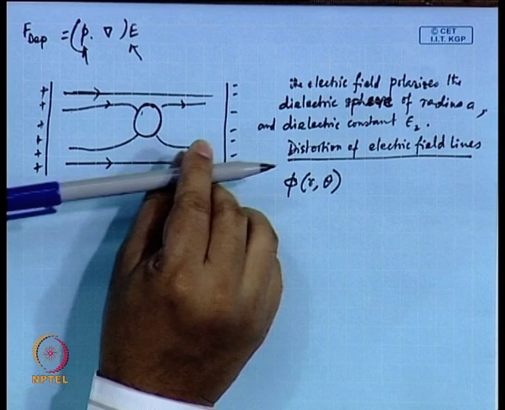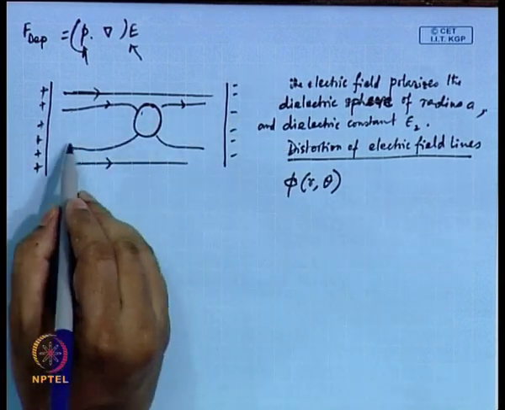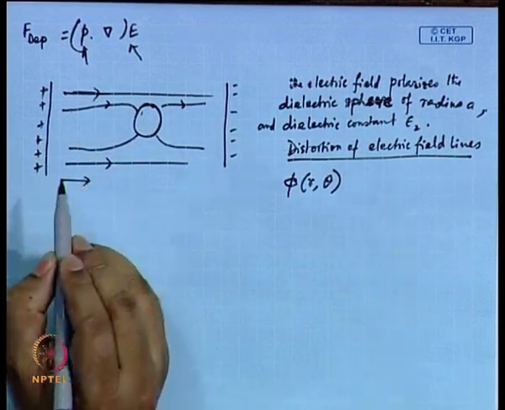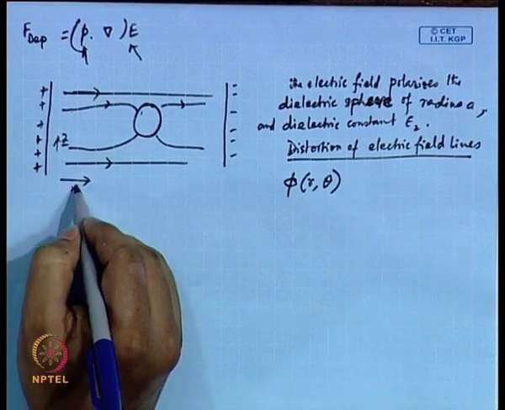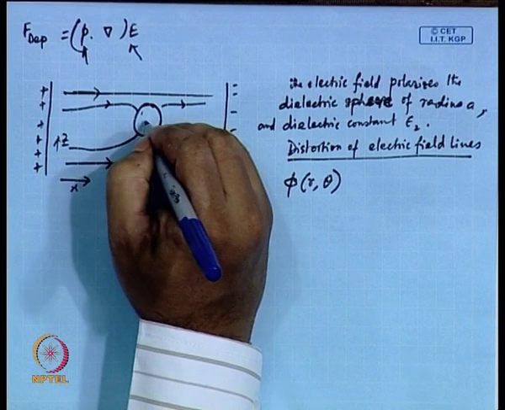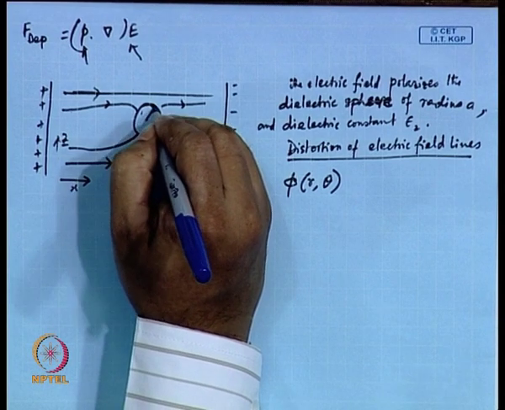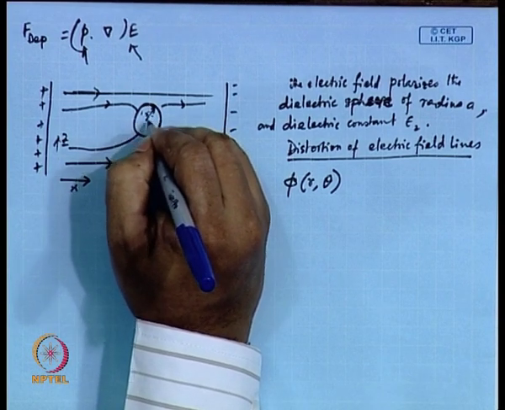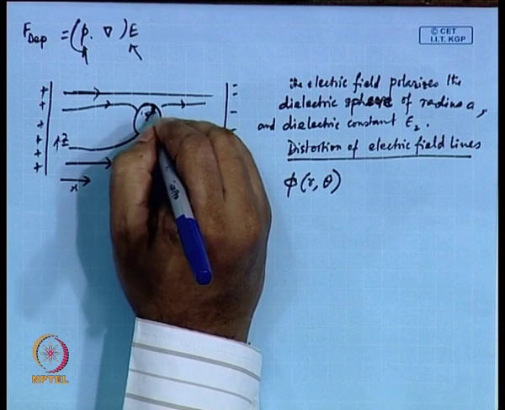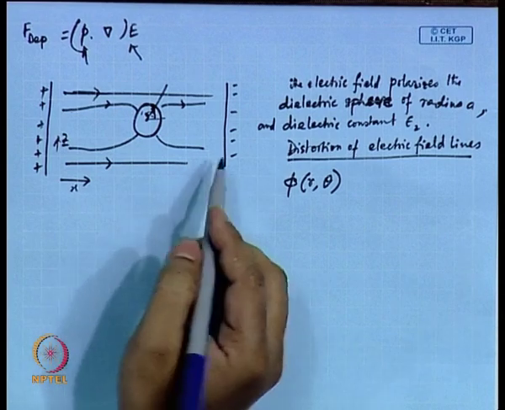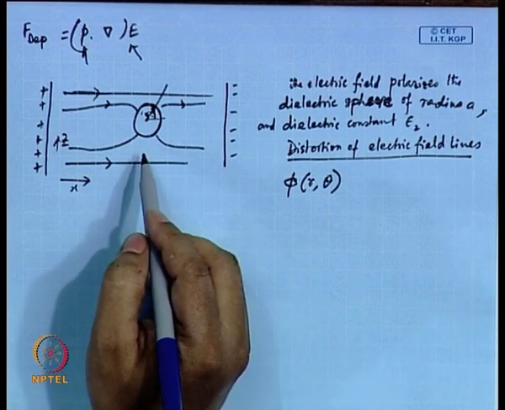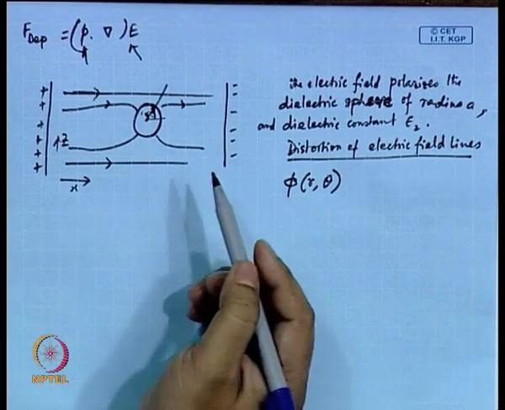Here we have one coordinate system where this direction is x, this direction is z, that is what we had originally, right. Instead of that we have another one, which is the r theta coordinate, this angle. Instead of a Cartesian system we can go to a cylindrical or polar system.